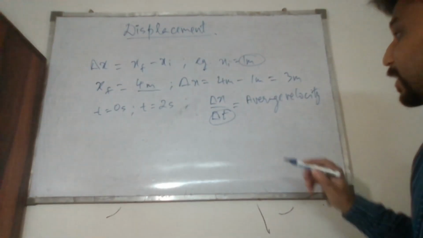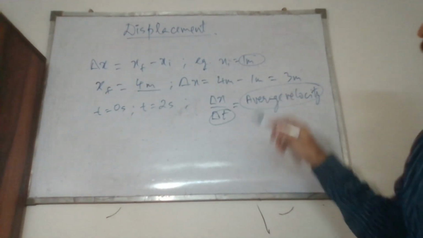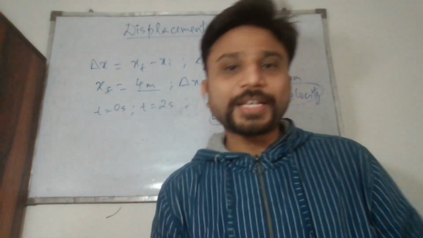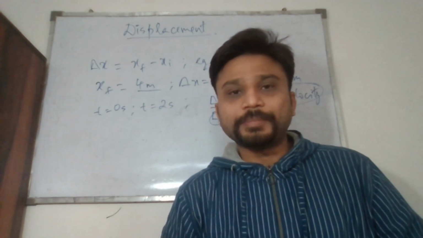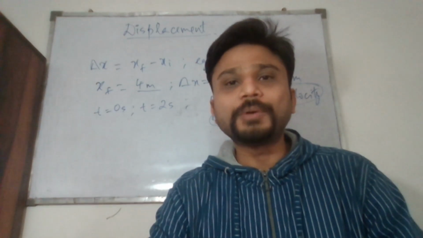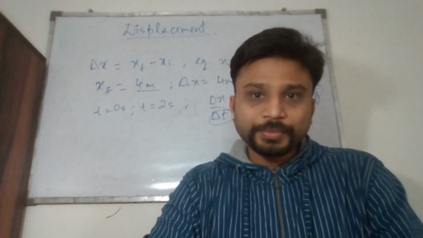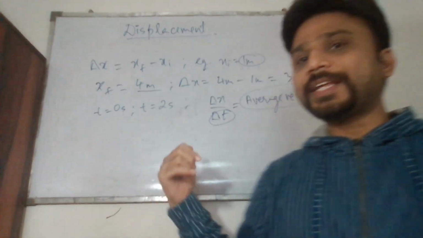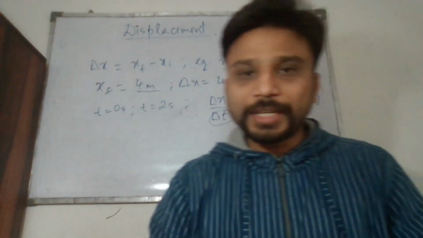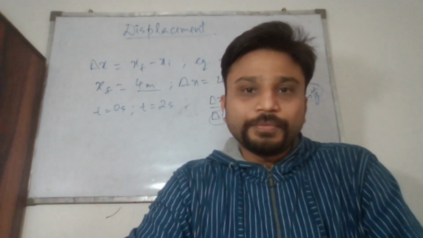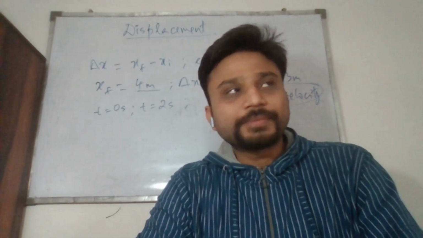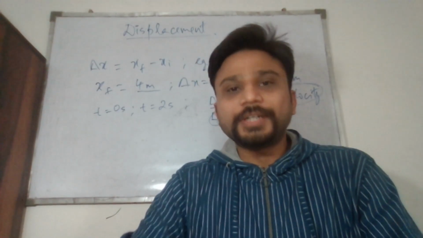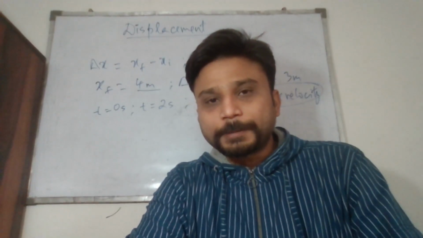Whereas the thing which we are studying is average velocity. It does not care how much speed has changed between the initial and final points, how the particle traveled. That is, with what speed it is traveling is not taken into account by average velocity. And that is a problem, which is solved by deriving the idea of instantaneous velocity.